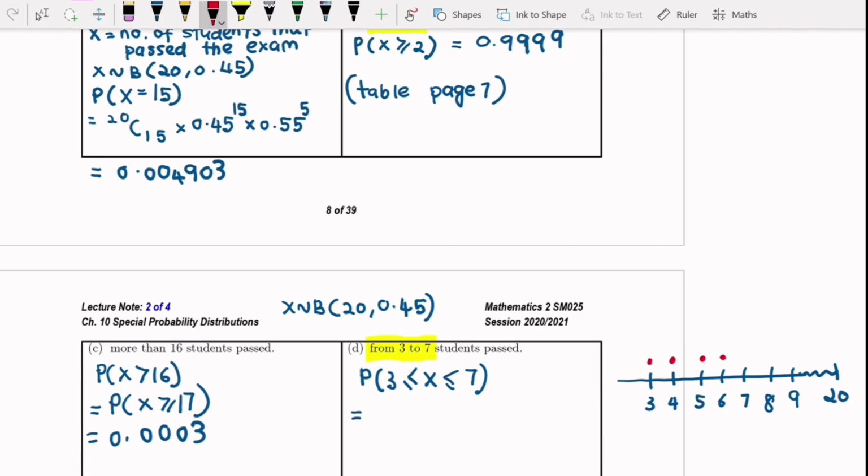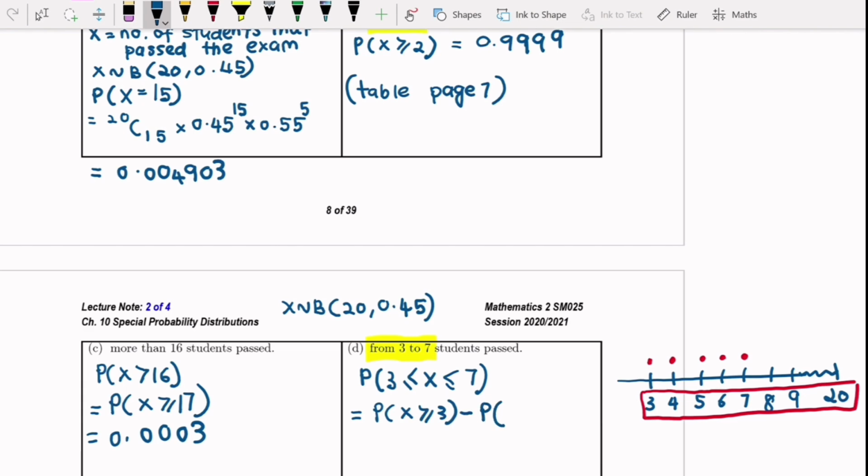to 7. So what we can do is take probability x greater than or equal to 3. If you want x greater than or equal to 3, this is 3 until 20, then we subtract what we don't want.